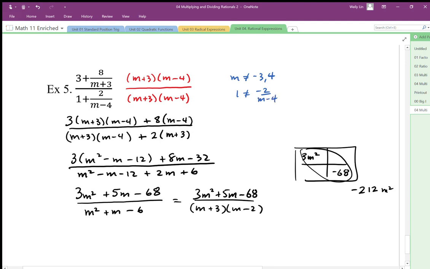Now you can rearrange that and solve for m if you like, but this is good enough. I'm not going to expect you to get more complicated than this. If you are keen, you could solve for m and say that m is not equal to 2. Okay, and that would be another way to write the same restriction.